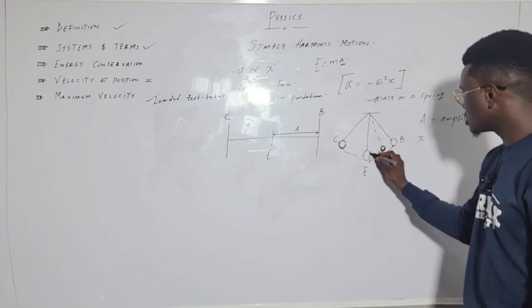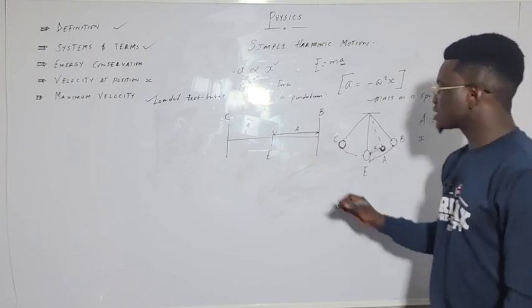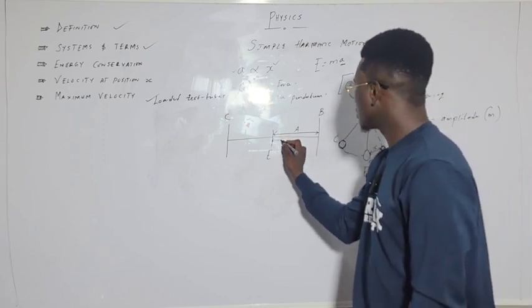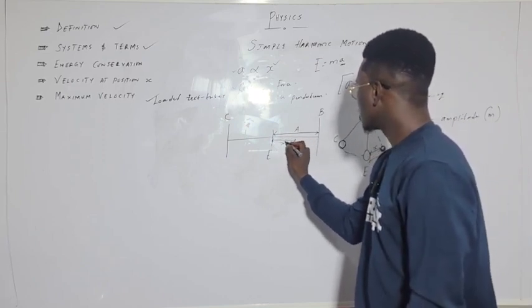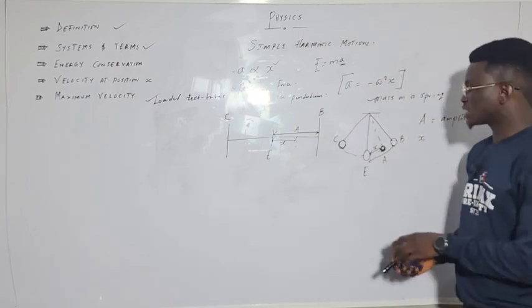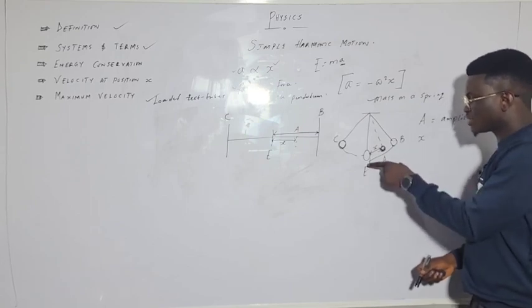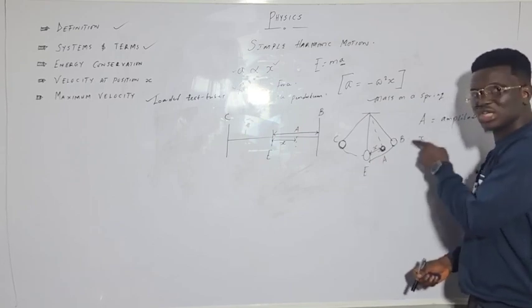That means I can know the distance from here to here. Let's call that X again. Do you think X represents my amplitude? No. X is just a distance between E and B, meaning somewhere in between the maximum displacement.